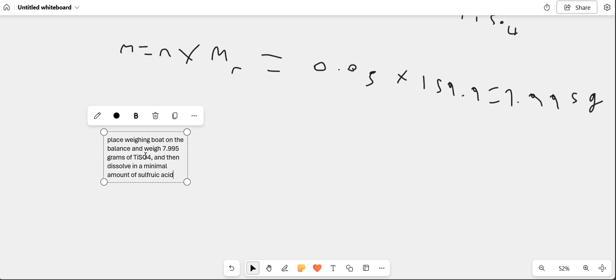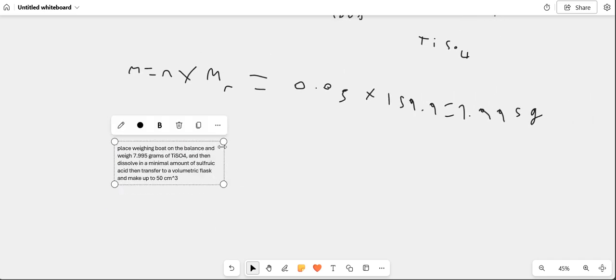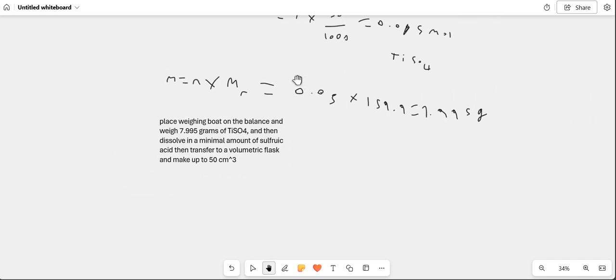That's what we're using. Remember, it's the volumetric flask here. That is the big amount of liquid, where you make it up, and that's where it's going to be made up to 50 cm³. Alright, so that's what you need to write there.